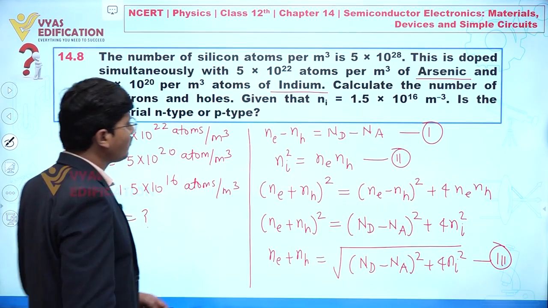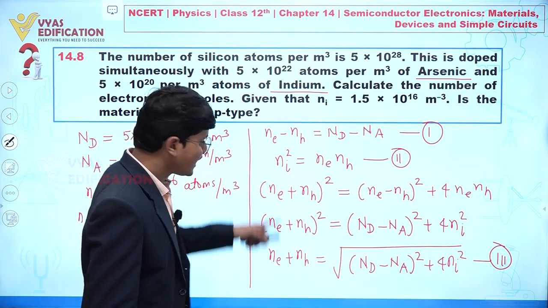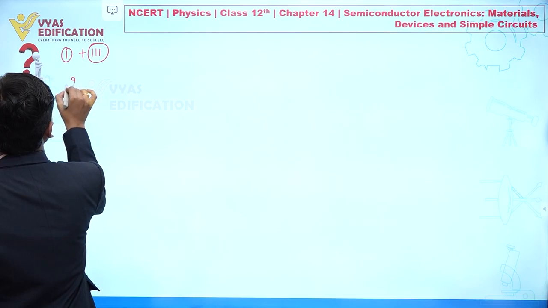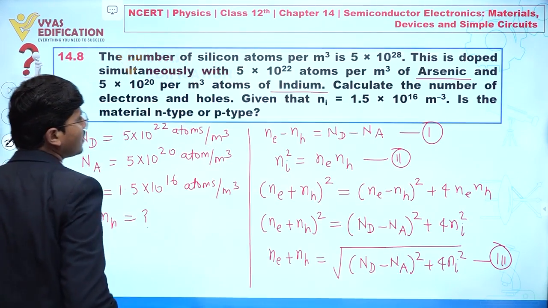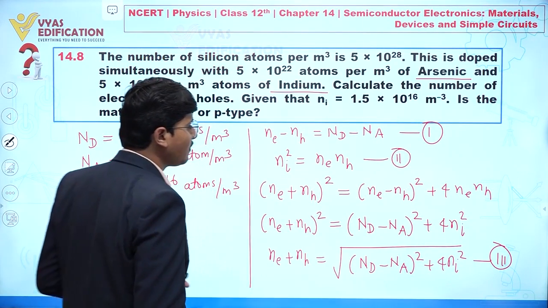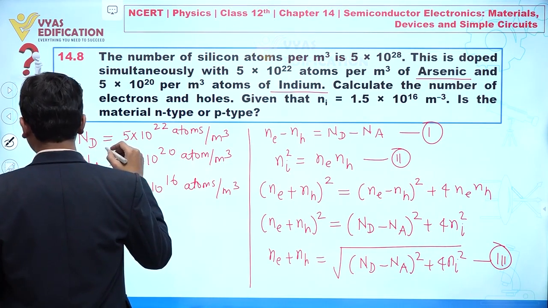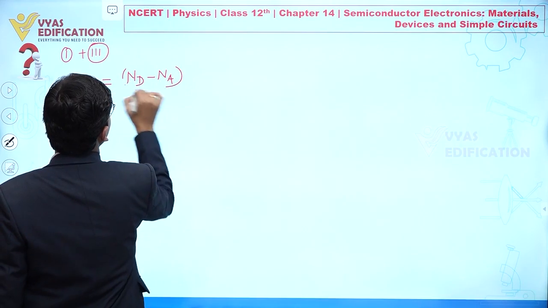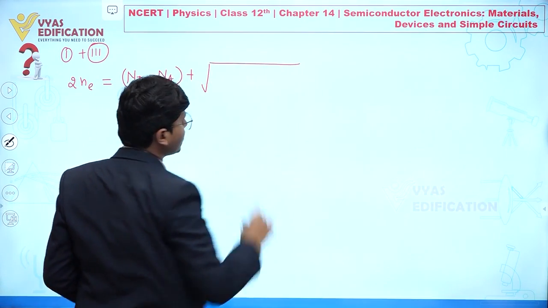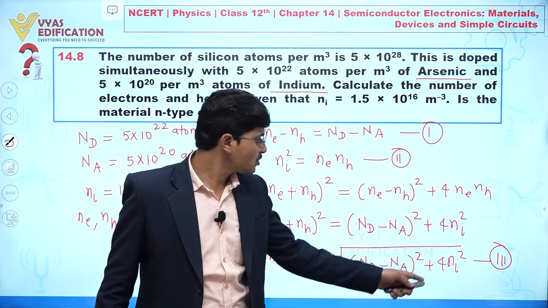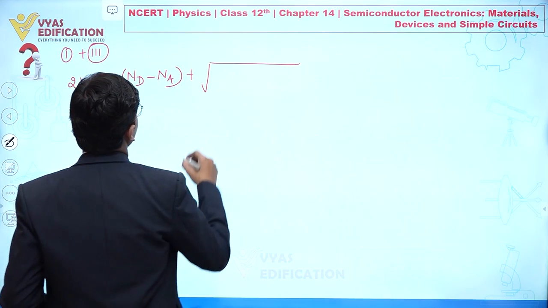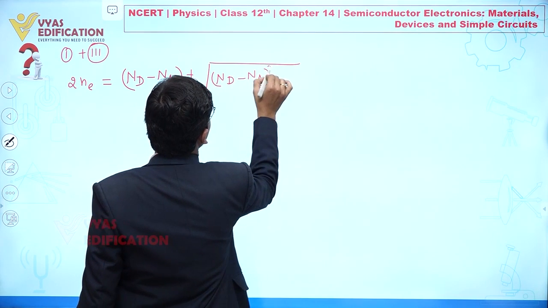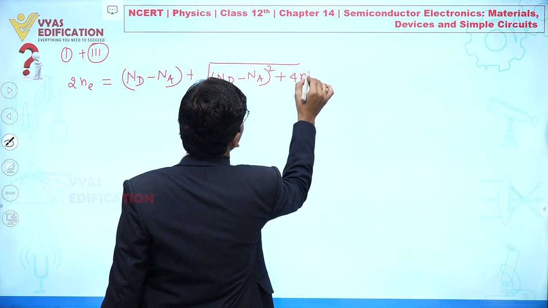Whenever we do 1 plus 3, you can see Nh and Nh cancel out, and we can write this is equal to twice Ne, and it should be equal to Nd minus Na plus the square root of (Nd minus Na) whole square plus 4 times Ni square.